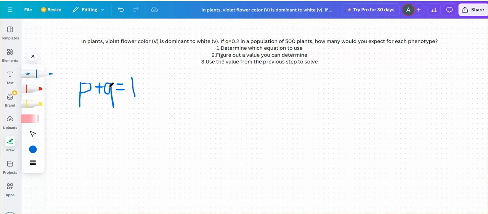So in this problem, we are told that Q equals 0.2 and we're going to solve for P. So P plus 0.2 equals 1. So it's pretty simple to solve for P. We're just going to subtract 0.2 from 1. So P equals 0.8.